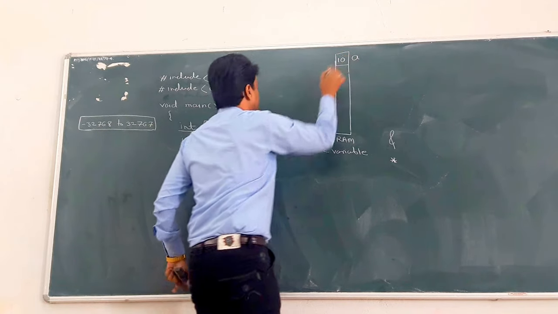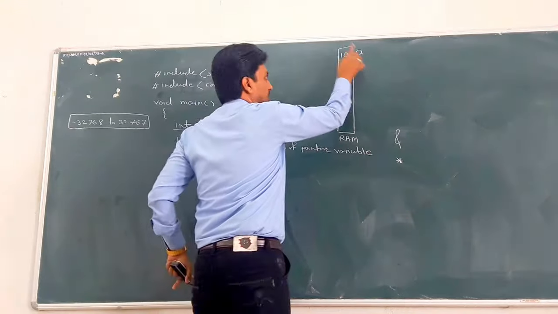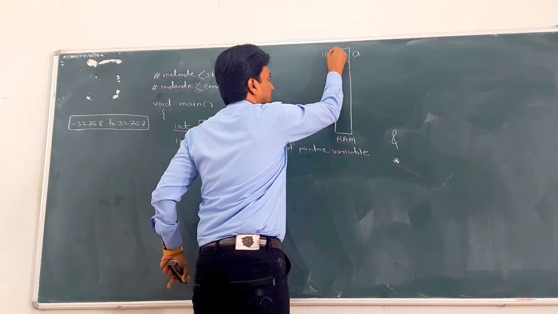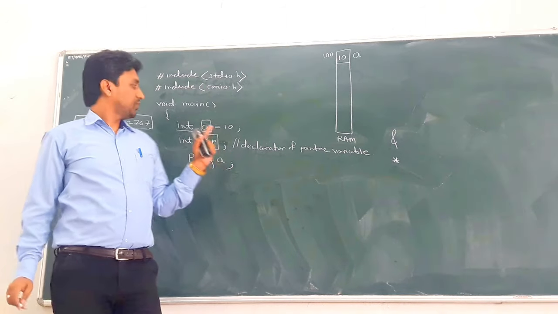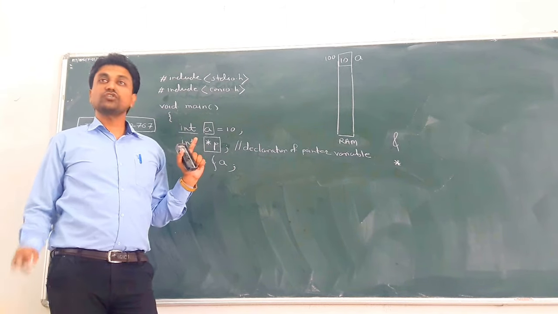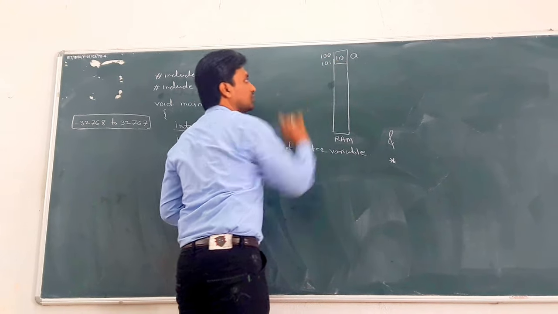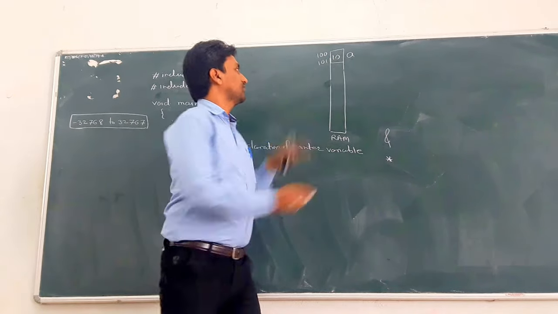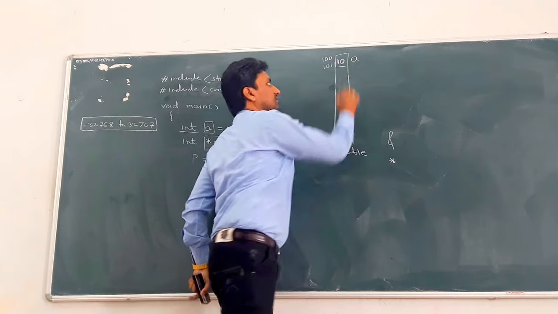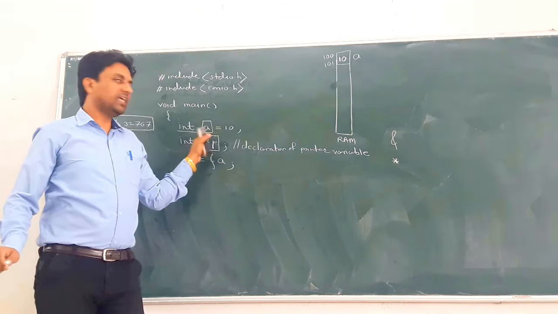In that stack memory, the value 10 is assigned to variable a, and that variable a has some address. Suppose the address is 100. This is the starting address, because an integer type of variable reserves 2 bytes, actually 100 and 101. These two blocks are reserved for a, and a contains the value 10. Understood? This is called memory management for variable a.